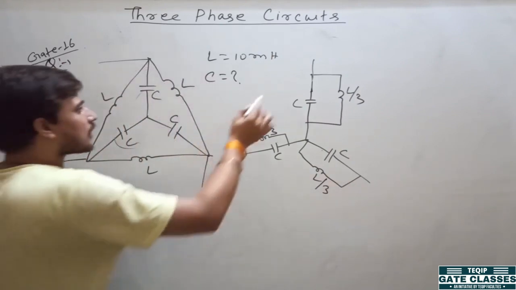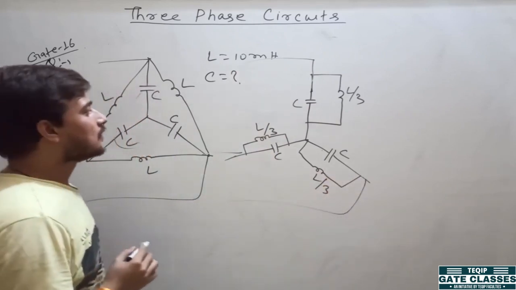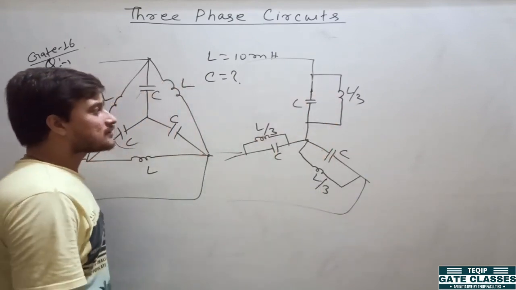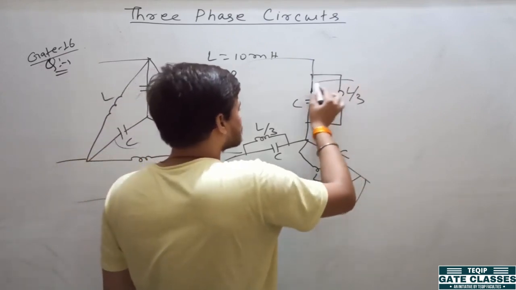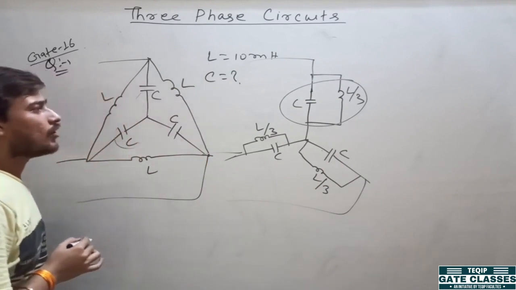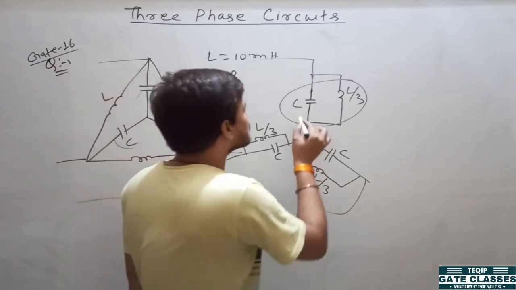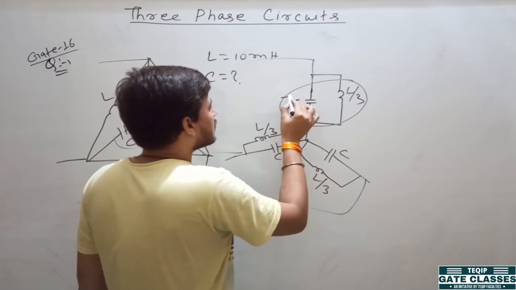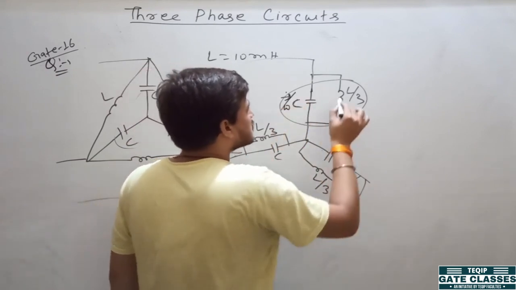Now you are giving balanced supply, and they are saying that current should be 0. So how is it possible that current will be 0? That means this circuit will act as an open circuit, that means infinite impedance. The impedance of this part is minus j divided by omega C, and here the impedance is j omega L by 3.